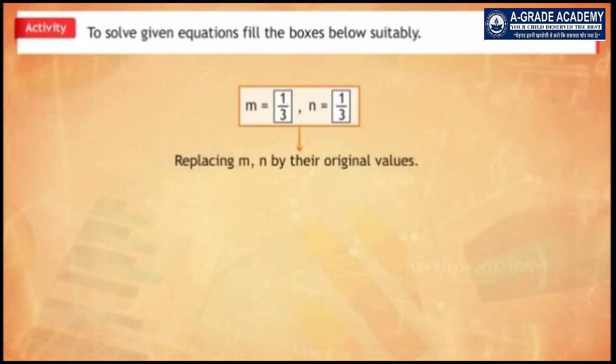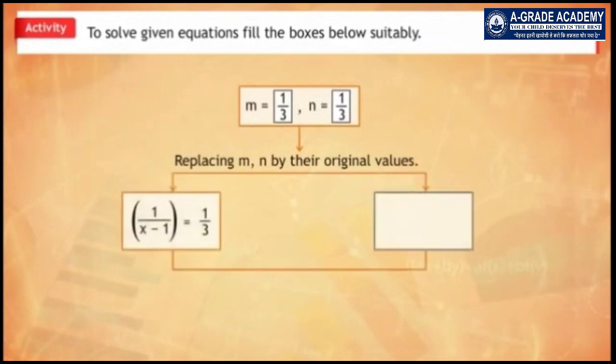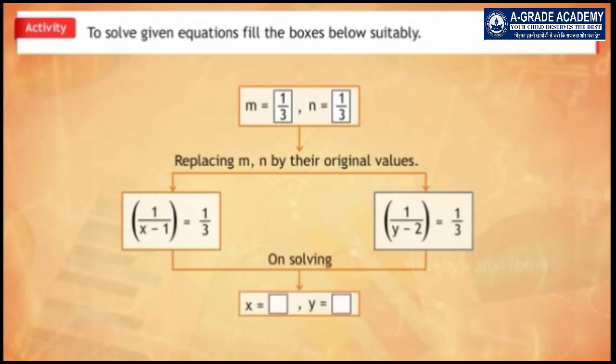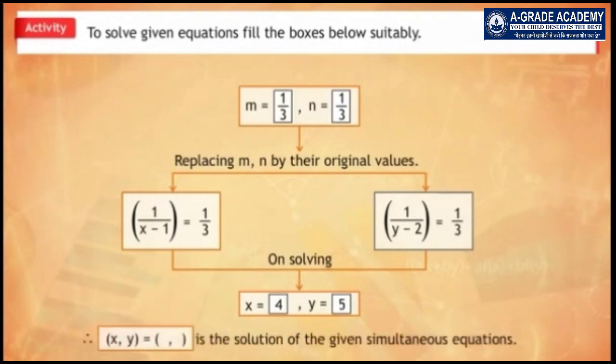Replacing m and n by their original values, we get 1/(x-1) = 1/3 and 1/(y-2) = 1/3. On solving, we get x = 4, y = 5. Therefore, (x, y) = (4, 5) is the solution of the given simultaneous equations.